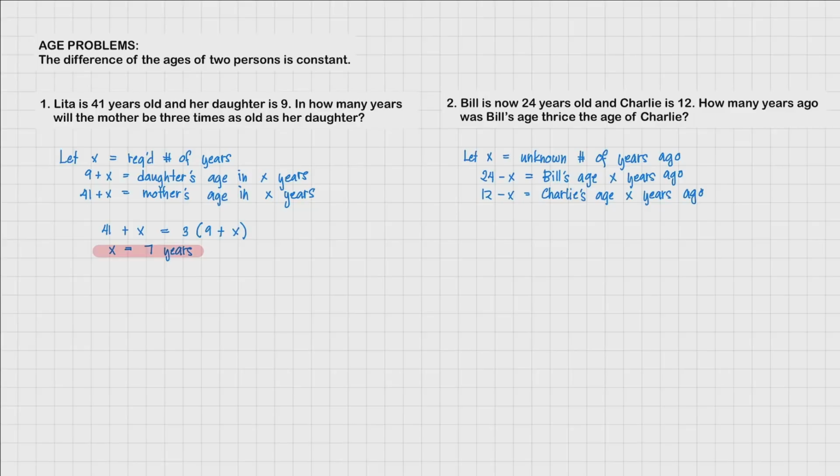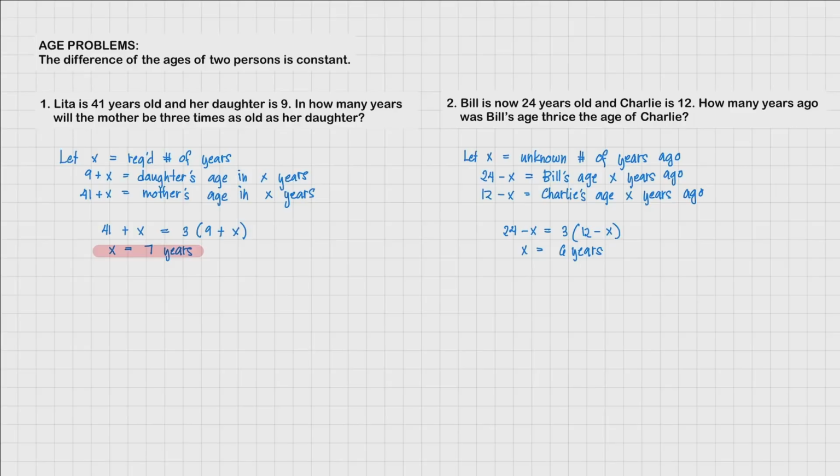Now, how many years ago was Bill's age twice the age of Charlie? So to write this down, Bill's age x years ago, 24 minus x, should be 3 times the age of Charlie, which is 3 times 12 minus x, right? Now solving for x, we'd get 6 years. Right?